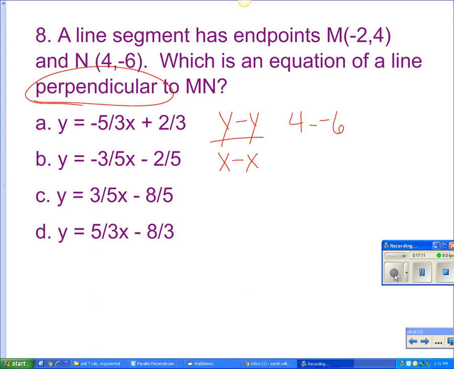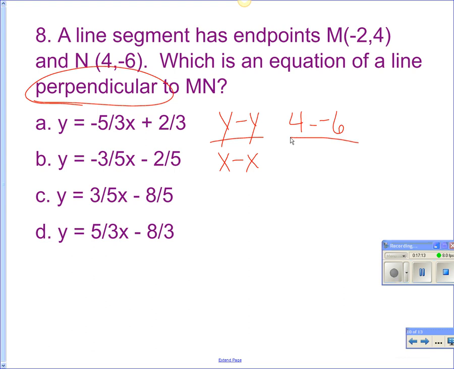Four minus -6 goes on top. Jacob King, what goes in for x minus x? Your x's. -2 and 4. Okay, so you get 10 over -6.